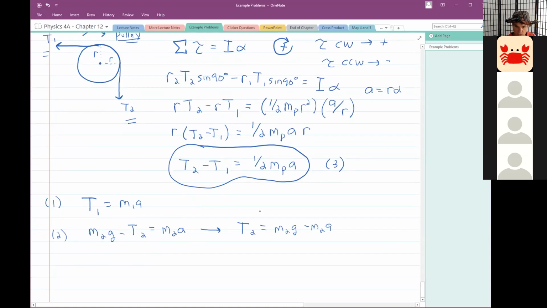Now I'm going to take this equation and plug it in for tension 2, and take this equation and plug it in for tension 1.